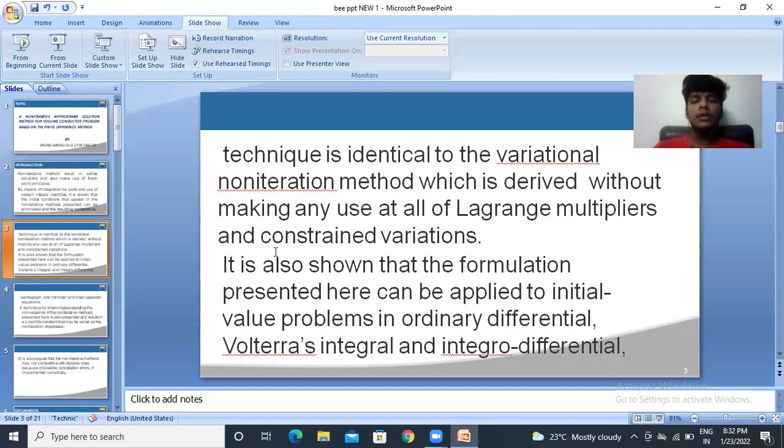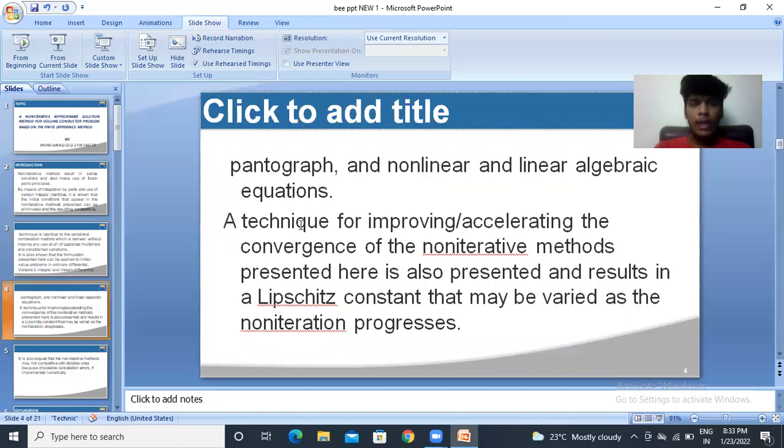It is also shown that the formulation presented here can be applied to initial value problems in ordinary differential, Volterra's integral, and integral differential, pantograph, and nonlinear and linear algebraic equations.